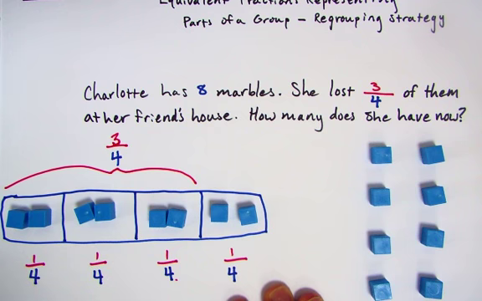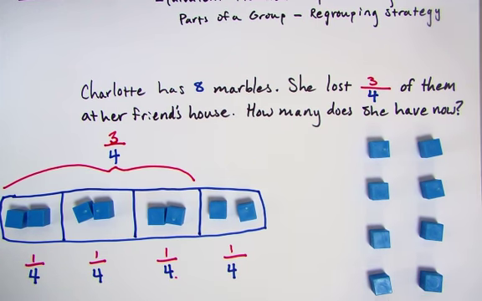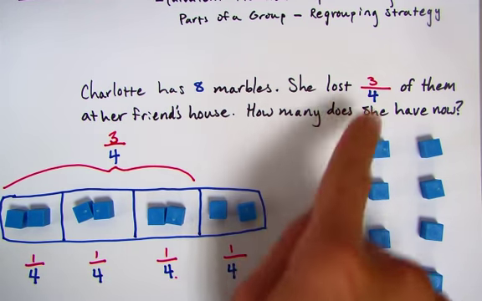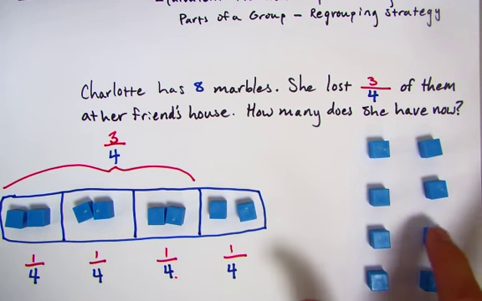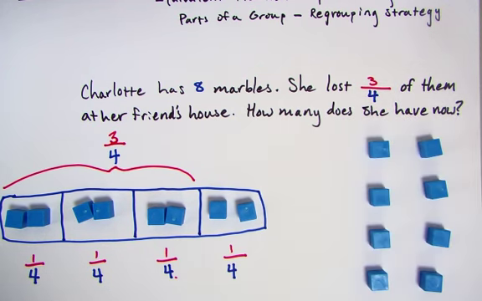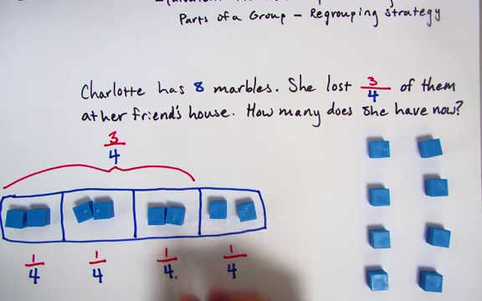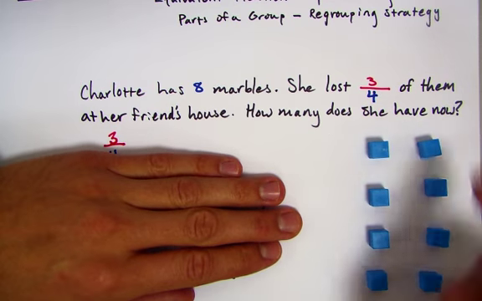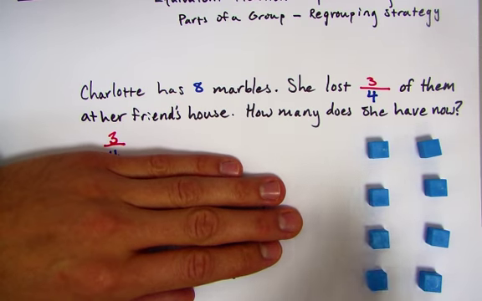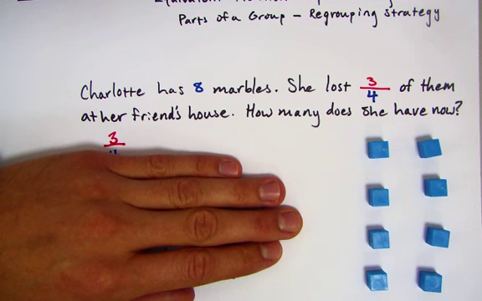Okay, there's my 8 marbles, and she lost 3/4 of them. Can you do the regrouping strategy for these 8 marbles? Let me put these aside. Use the regrouping strategy and figure out how to look at them in a different way, how to regroup them so that we can see fourths instead of eighths.